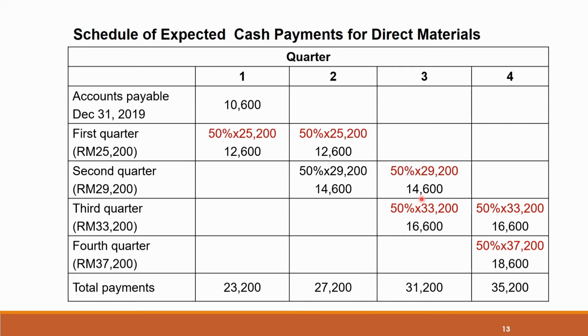The third quarter, 14,600 plus 16,600 and you will get the total 31,200. And the last quarter, we have to add 16,600 plus 18,600 and you get the total for the fourth quarter, 35,200. This amount you have to record in the cash budget in the cash disbursement.